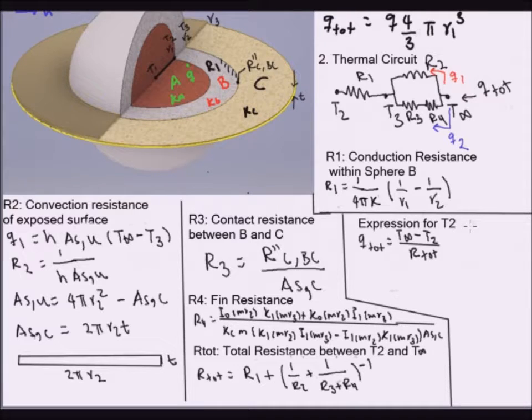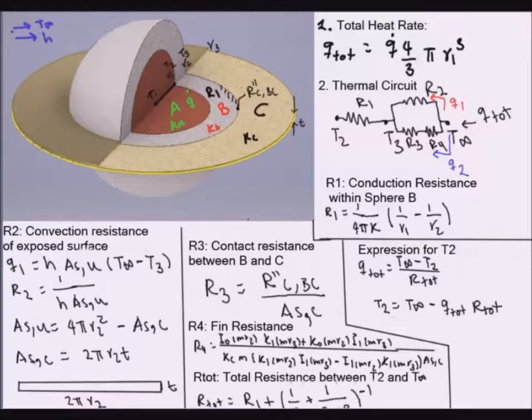And so T2 will be T infinity minus Q total times R total. From this expression, notice that as the total resistance decreases, the temperature difference between T2 and T infinity will also decrease. So that means that you need a lower driving force to convey the same amount of heat rate. And this corresponds to our definition for the resistance on our previous video.